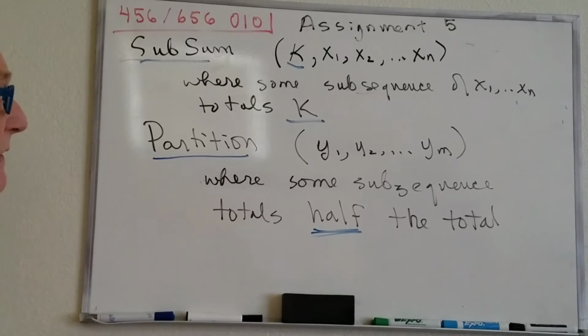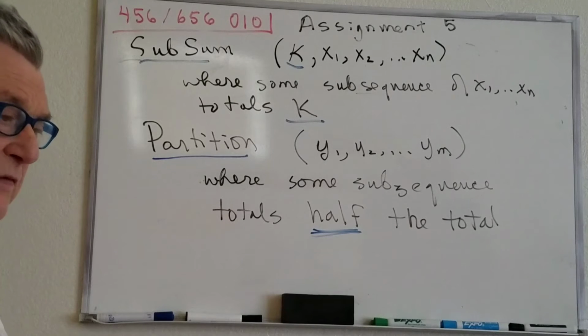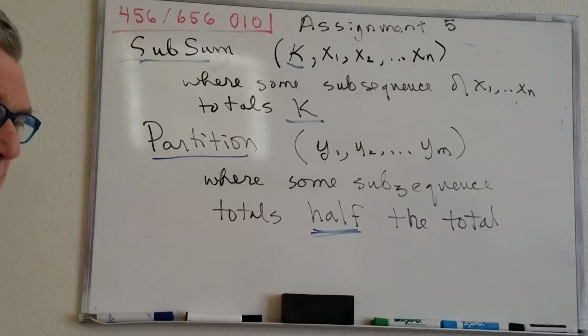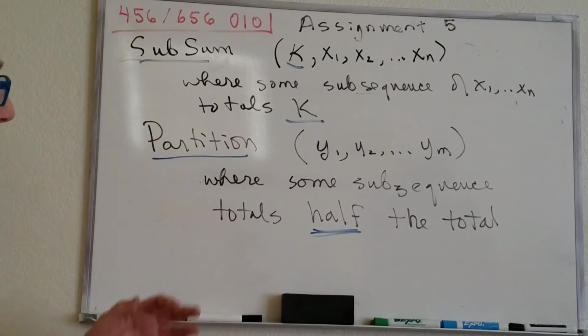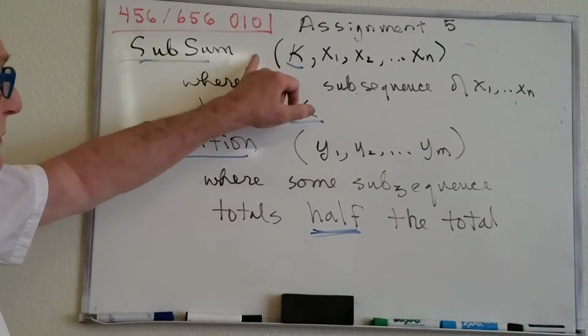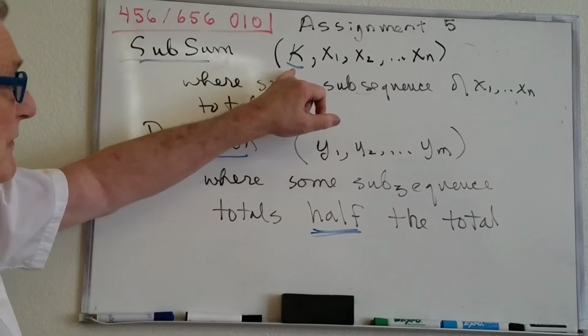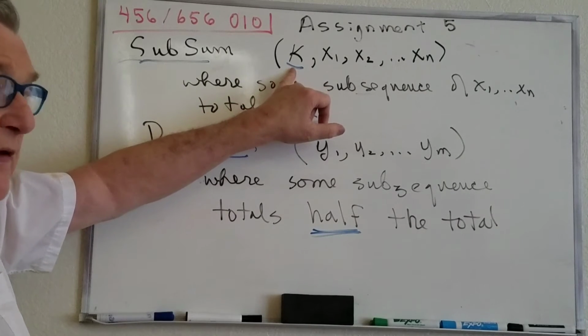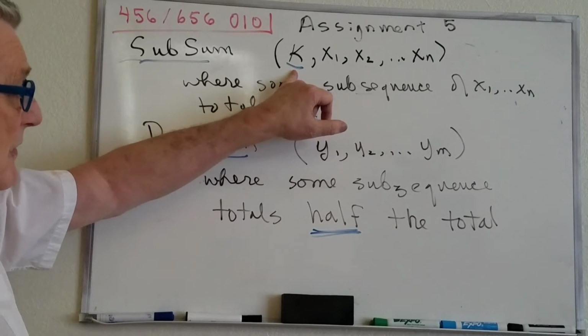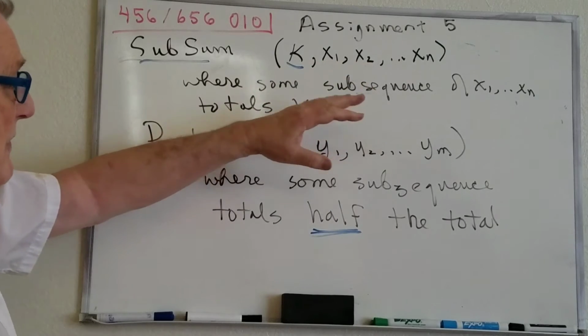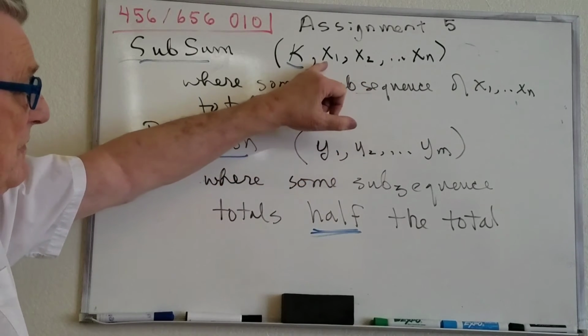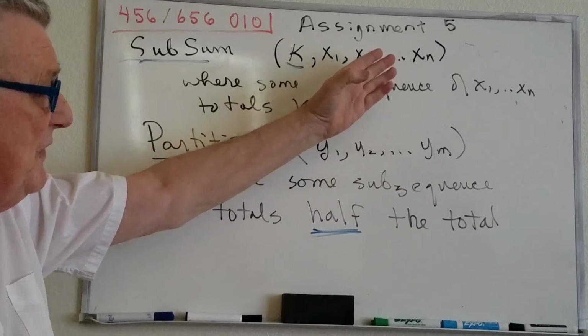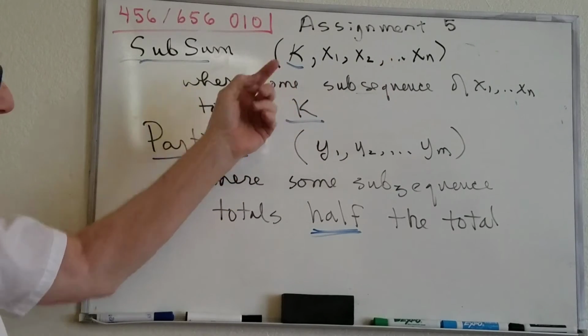Now, in this problem, I'm asking you to find a polynomial time reduction of the subset sum problem to the partition problem. The subset sum problem consists of all tuples where the first number is something called k, and there's a sequence of other numbers, and there is some subset of the x's whose total equals k.